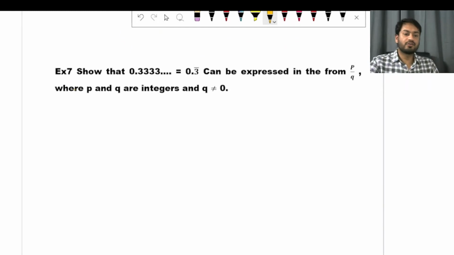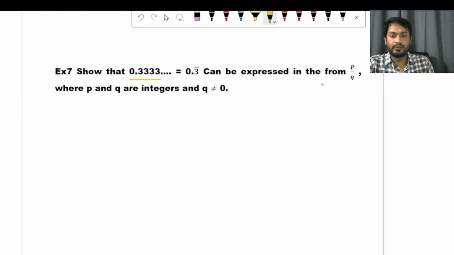Coming to the next question, example 7 of your NCERT book of grade 9. Here it is written that 0.3333 is equal to 0.3 bar. Obviously it is recurring, so we can put a bar. It can be expressed in the form of P upon Q, where P and Q are integers and Q is not equal to 0.